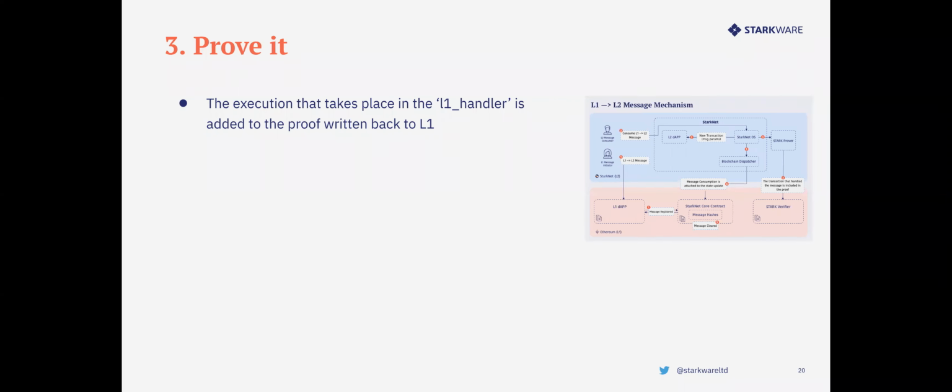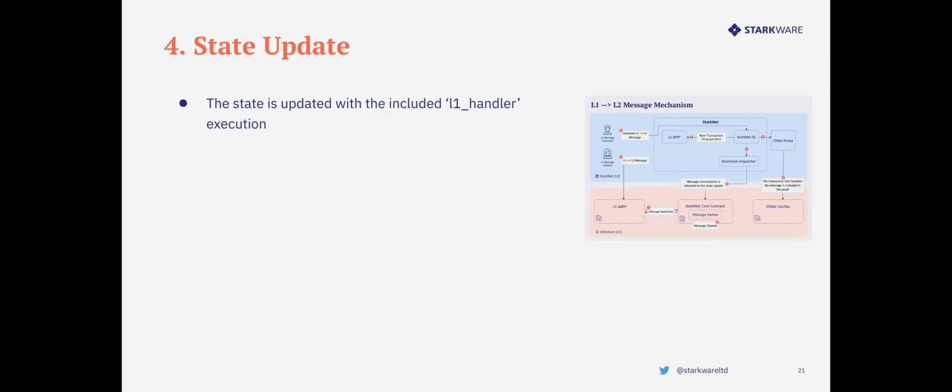So again, the L1 handler is executed, included in the block, and now the OS is going to execute it like in any other transaction. The state updates that followed this execution are added to the batch that is going to be sent to the core contract as part of the state updates.